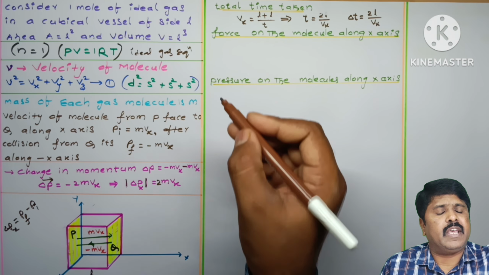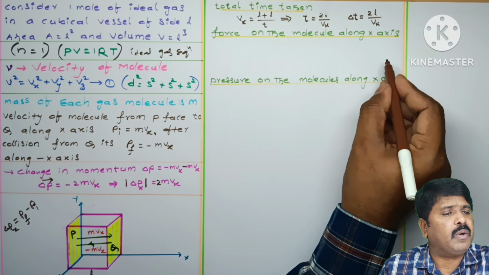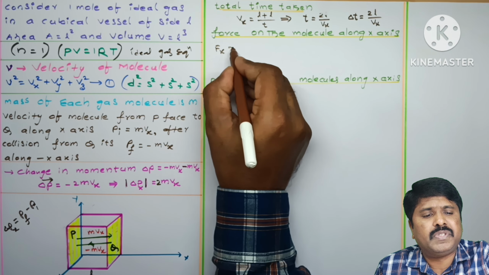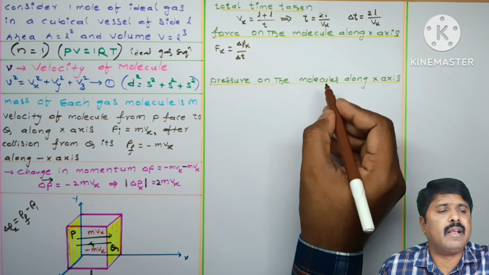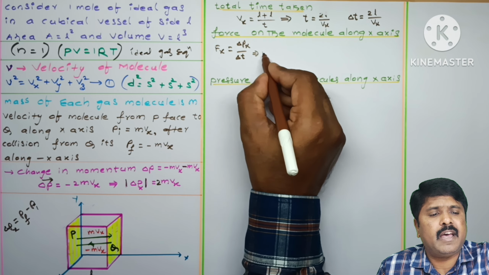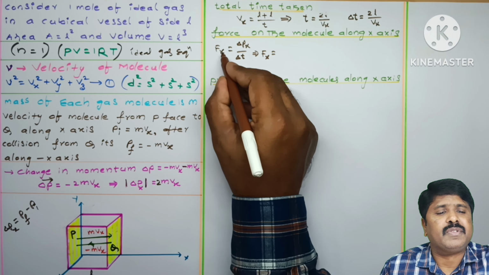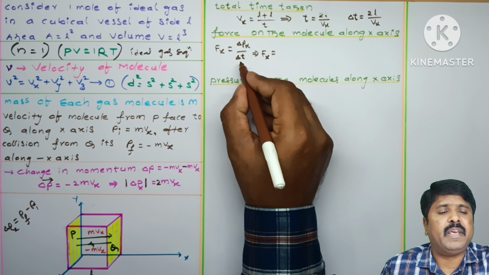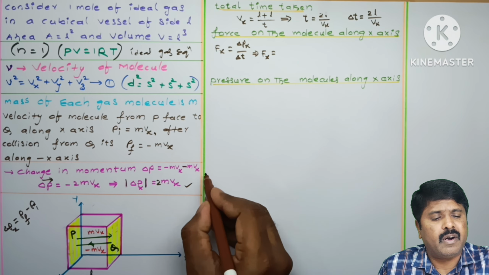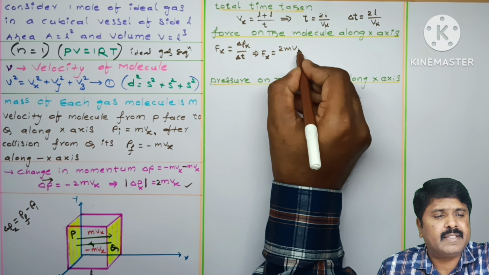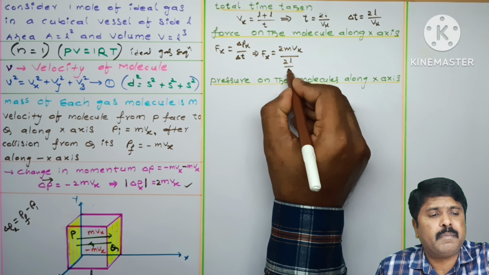Okay, and also along the x-axis only I'm going to find the force on the molecules, that is Fx, which is equal to delta Px divided by delta T, see clearly given. This is from Newton's second law, so Fx is equal to delta Px by delta T. Fx is equal to delta Px, which I got as 2 mvx, divided by delta T, whose value is 2L divided by vx.